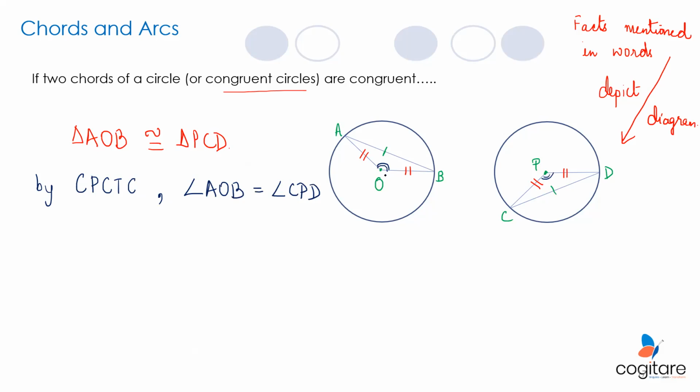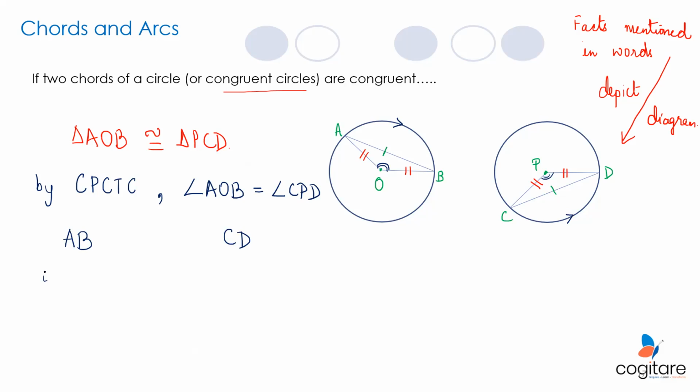Now, when we started the video today, we discussed the fact that if the central angles of two arcs are equal, because here we have two endpoints A and B, and on the other hand, we have the other endpoints of the arc C and D, then the arcs in turn are equal, correct?